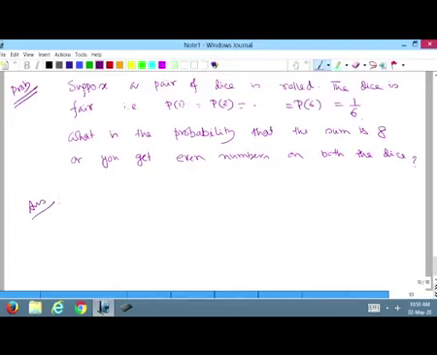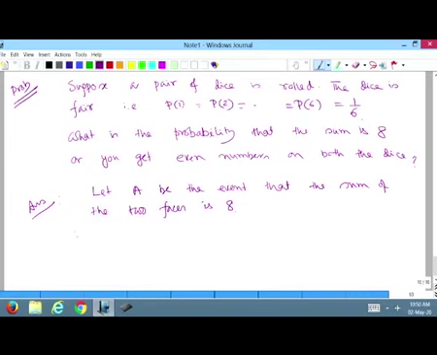Answer: let A be the event that the sum of the two faces is 8.